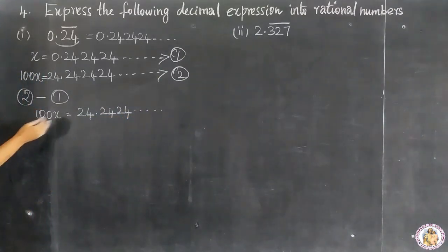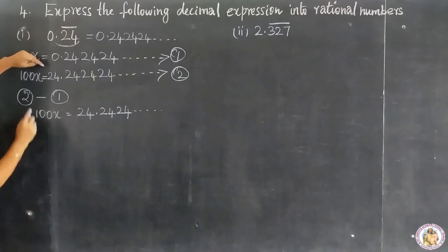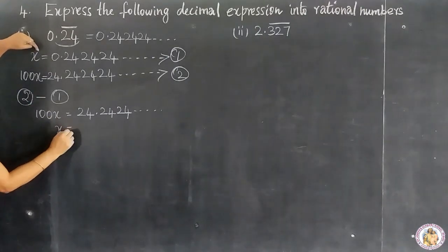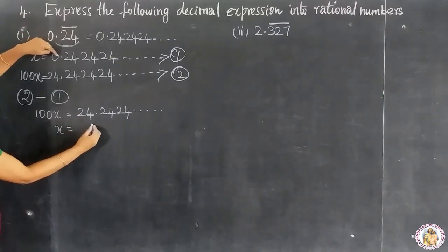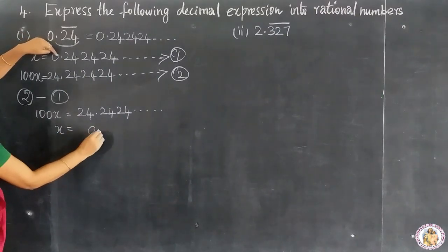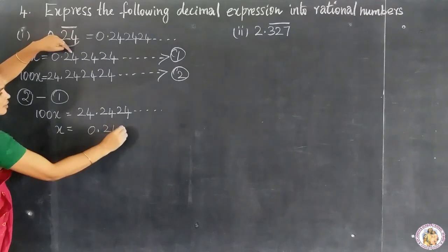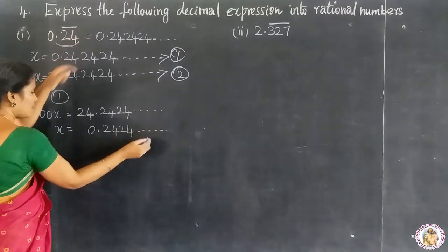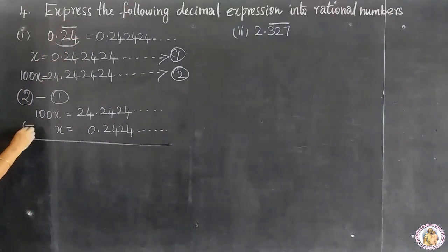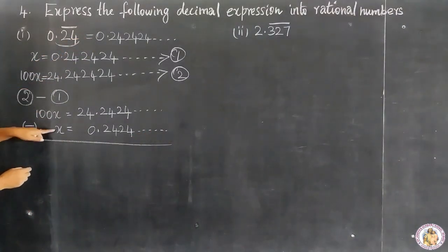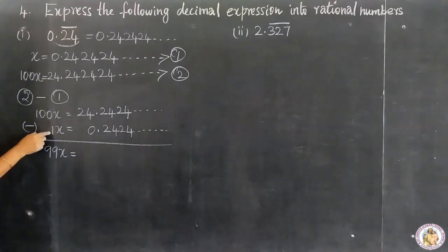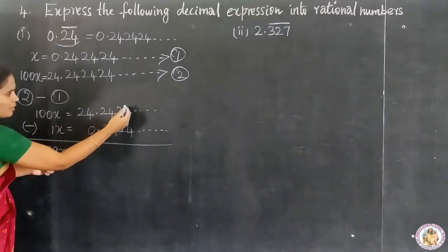Okay. So 24.2424 minus first equation, x is equal to 0.2424. Okay. Subtract, 100x minus x is 99x. So here we have 100 minus 1, 99. Right? x as is.